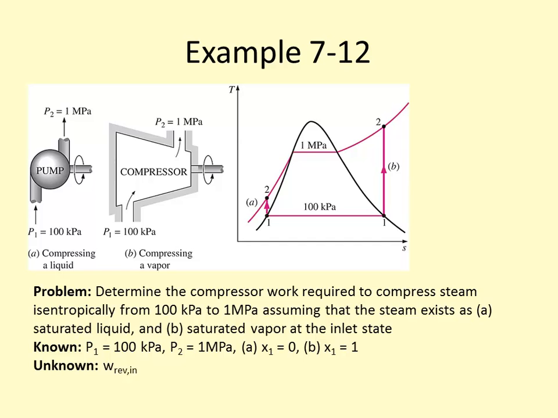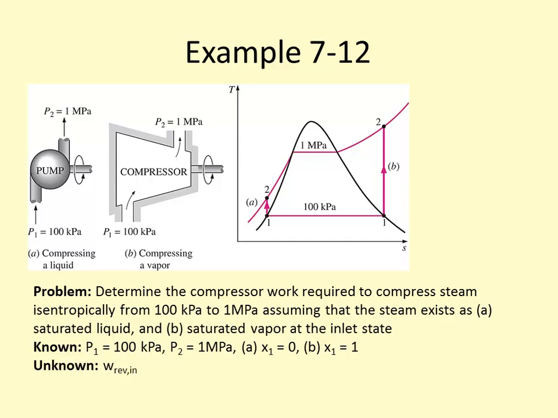Okay, so for part B, now we're looking at the property values. Instead of at the liquid state, we'll look at the saturated vapor state. So V1 is equal to V sub G at 100 kilopascals, which is 1.6941 meters cubed per kilogram.